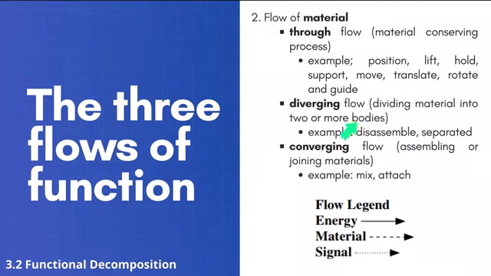For example, the material is disassembled or separated. And the third one is converging flow, which is assembling or joining materials, such as material being mixed or attached. The flow of material can be represented by a dashed line here.